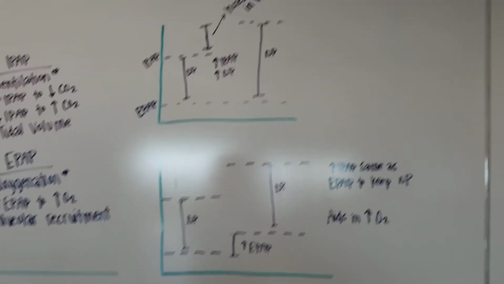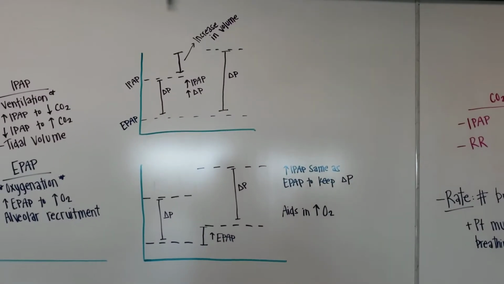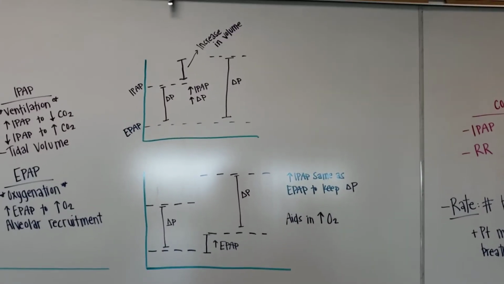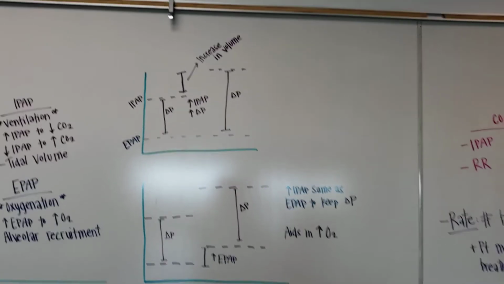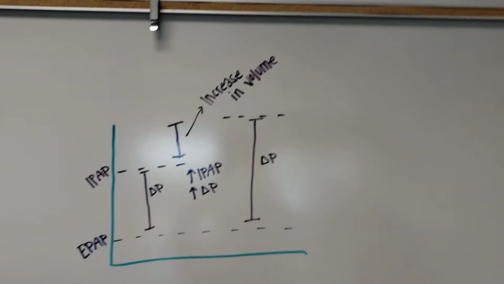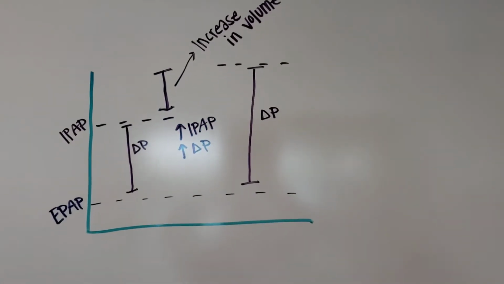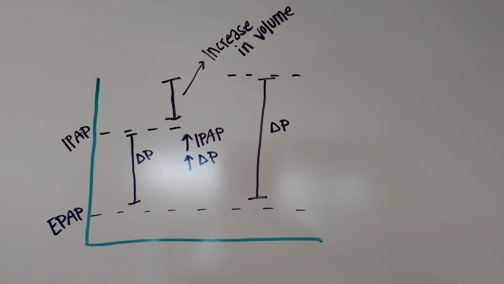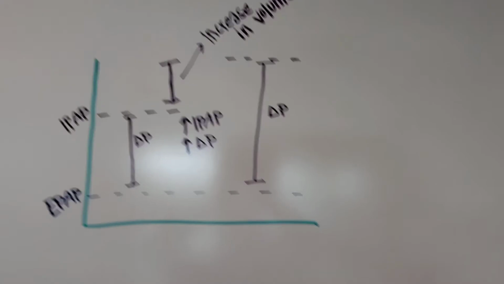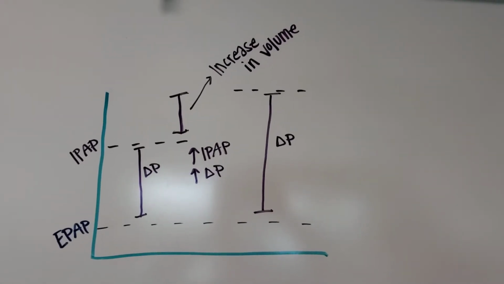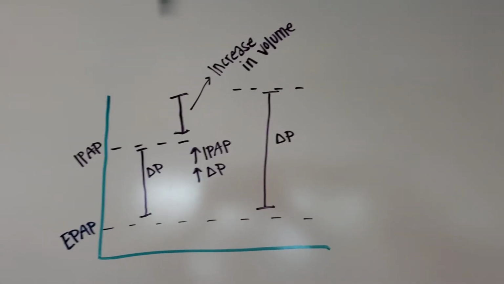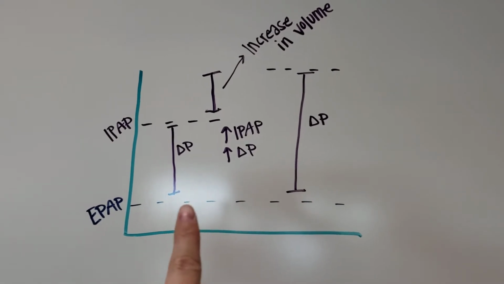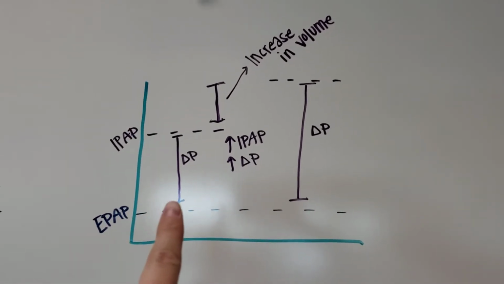So when you're managing your BiPAP, we'll start with the top one. Up here is a reference diagram of how changing IPAP works. At the bottom, we can see a continuous EPAP. And this first breath over here is one breath.